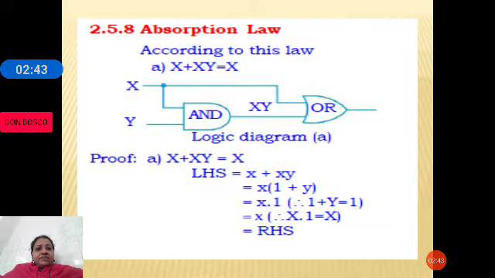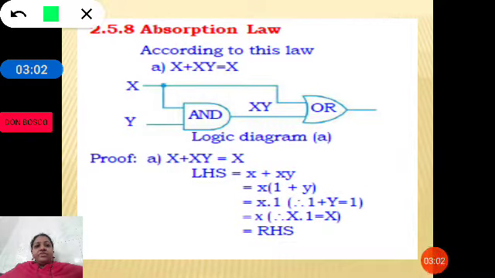You can see here, first we are proving by using the perfect induction method. X plus xy is equal to x. Let us take the LHS, that is x plus xy. Here the common factor is x.